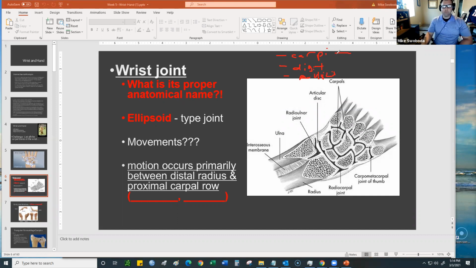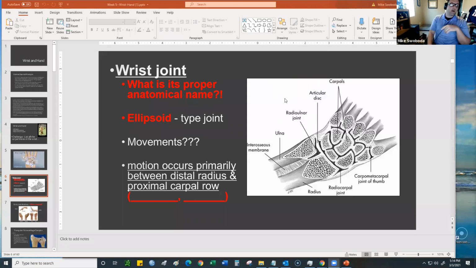What's carpi mean? Wrist. Yeah, wrist or your carpal bones. Digit? Yeah, your fingers. And then pollicis? Thumb. Yeah, it's your thumb. And then for the most part, flexion, extension, radialis, ulnaris tells you virtually everything.